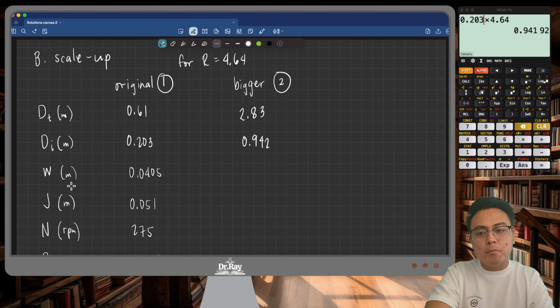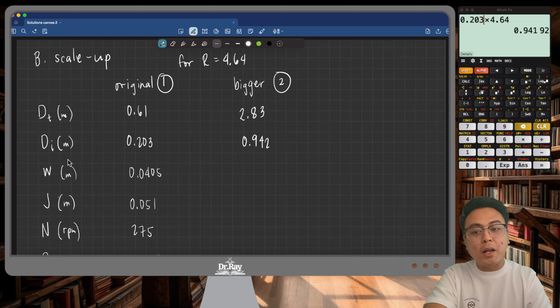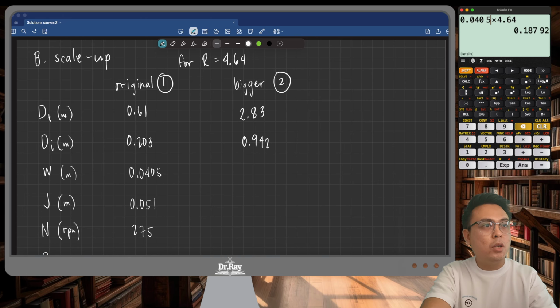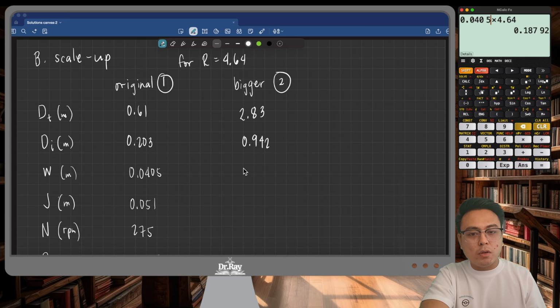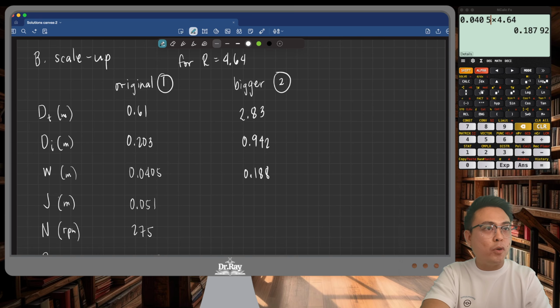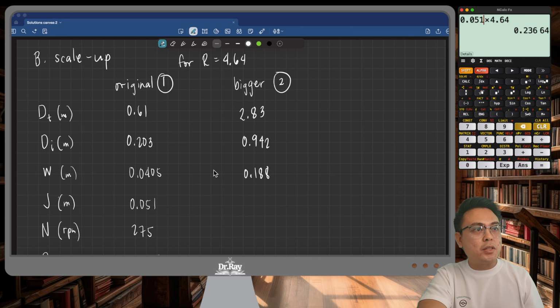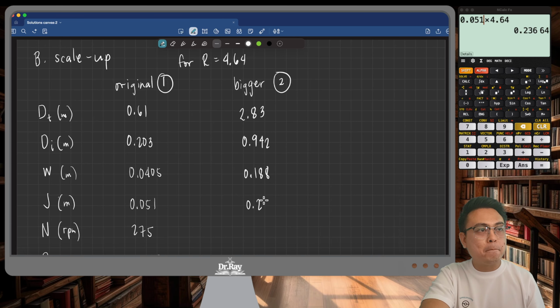For the impeller width of 0.0405 meters, the new blade width is now 0.188 meters. And for the baffle width, originally 0.051, it's now 0.24 meters.